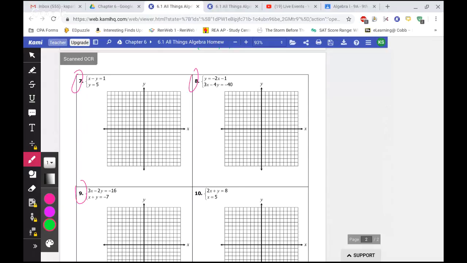I can look at that and know that that's going to be a horizontal line at y equals 5. So I'm going to count up 5. That means every y coordinate is going to be 5, no matter what the x is. 1, 2, 3, 1, 2, 3, 4, 5. Speaking of counting, the struggle is real.